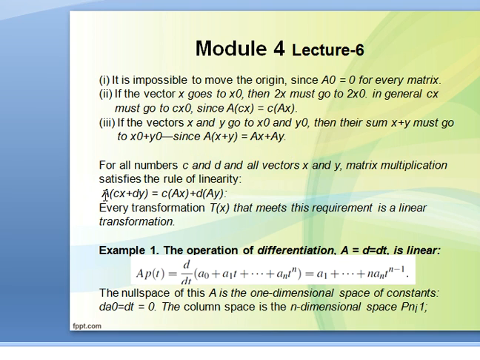So if A is a matrix, then A(cx plus dy), where c and d are constants and x and y are the vectors, has to give cAx plus dAy.